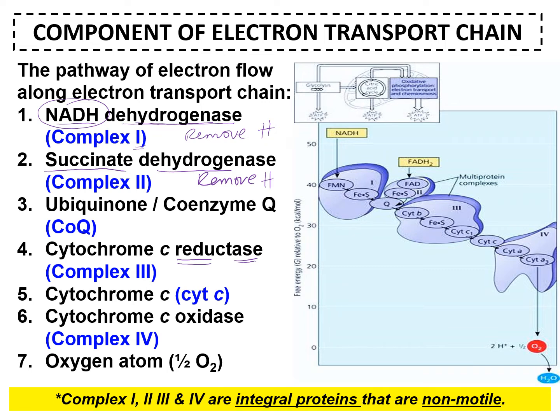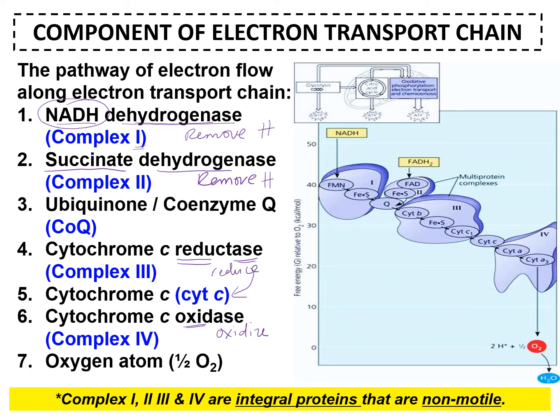And component number 5 is cytochrome C. This enzyme actually involves this component. Okay, we will see later on. And component number 6 is cytochrome C oxidase. What does it do? It oxidizes. This one reduces.